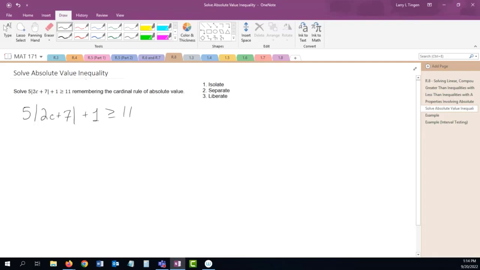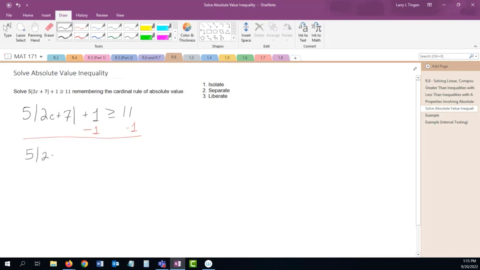So in this case, I'll end up with the absolute value is greater than or equal to some number. I need the absolute value by itself. It's currently being multiplied by 5 and then having 1 added to it. So I'm going to get rid of the 1 first. If I tried to divide by 5 first, I would have to divide this 1 by 5, which means I would have the absolute value of 2c plus 7 plus 1/5, and then subtract the 1/5. Students don't typically like fractions.